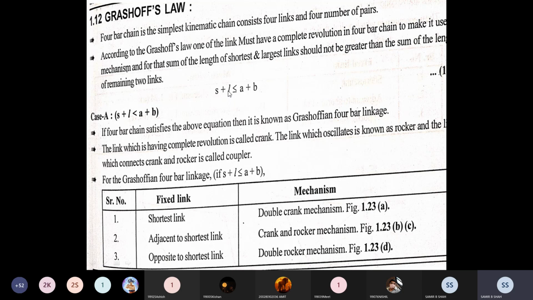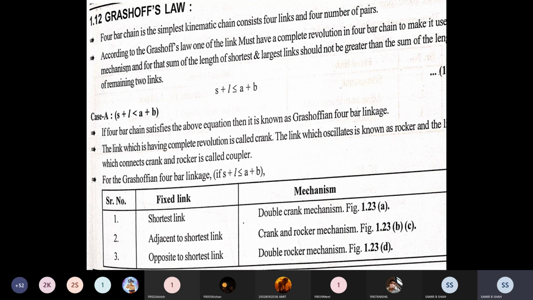From those 4 links, not any two, but the shortest link and the longest link, we have to sum both of them, and that sum should not be greater than the remaining 2 links. It means the remaining 2 links should be higher than the summation of the shortest and longest link. Then and only then does it follow Grashof's law.